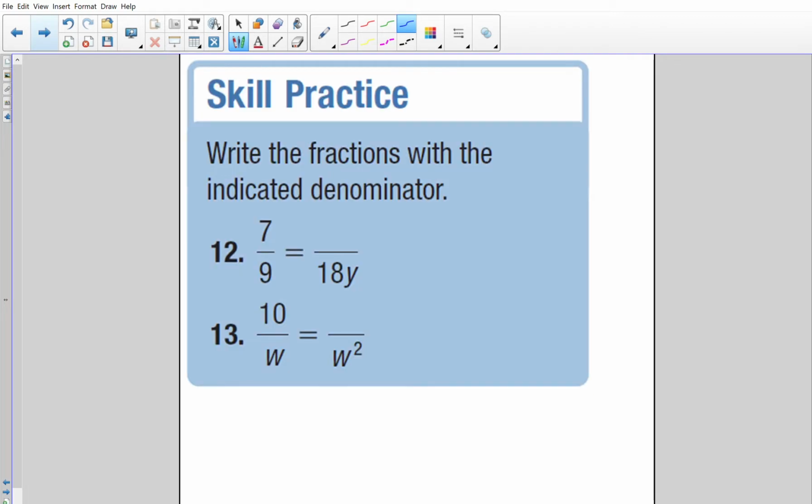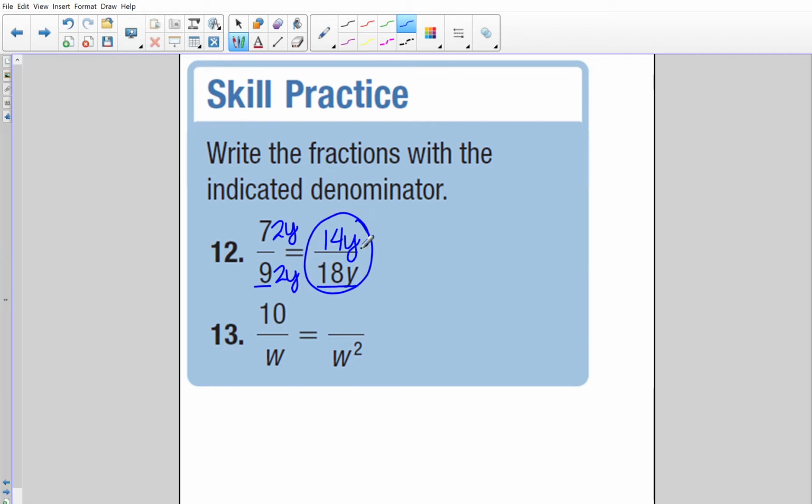Okay, if you want to pause and try these on your own and check back. Now this one's tricky because I've got the 9. I need to make it not into just 18, but 18y. So I need to multiply this one by 2 just to get the 18, but I also need a y. I need both the number and the variable to make it identical. So if I do that, I must also multiply 7 by 2y. So I now have 14y over 18y.